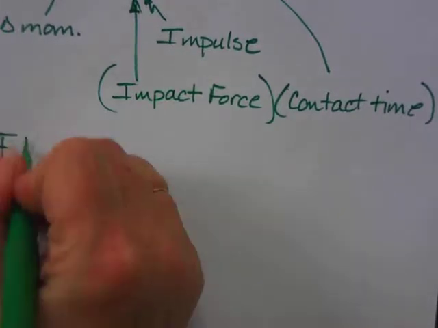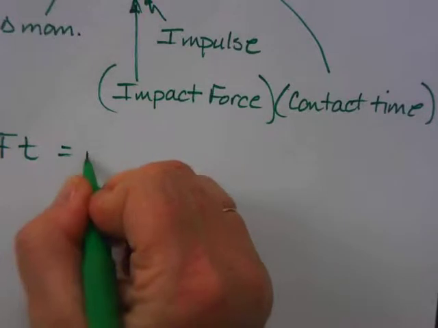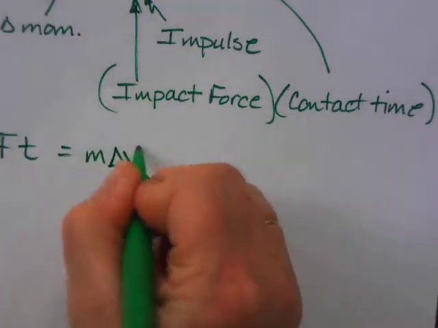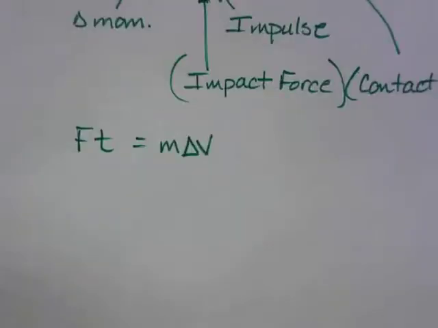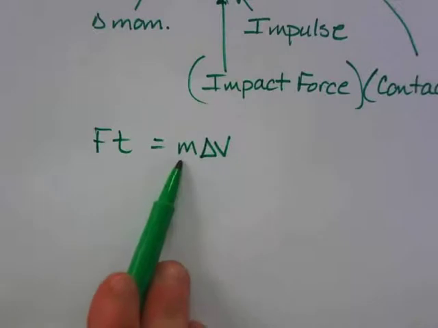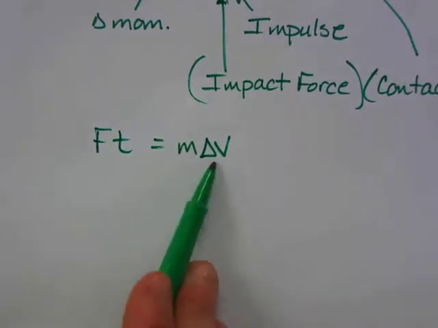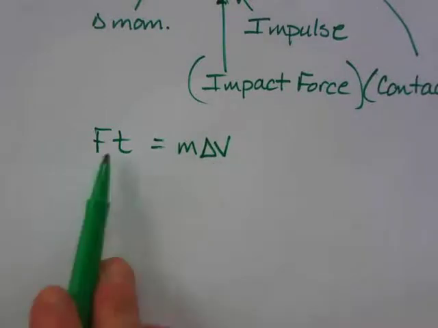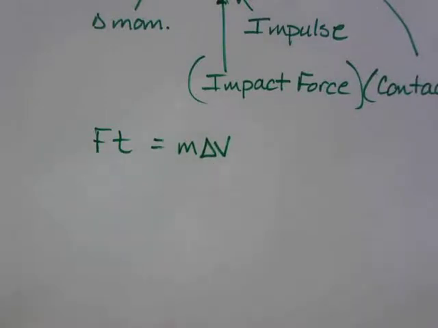Athletes use this idea of impulse. So impulse is Ft, and that equals m delta v. This is the mass of the ball, and the goal is to change the velocity as much as possible. So make the ball go really fast.